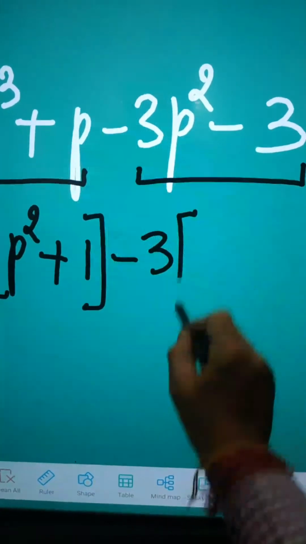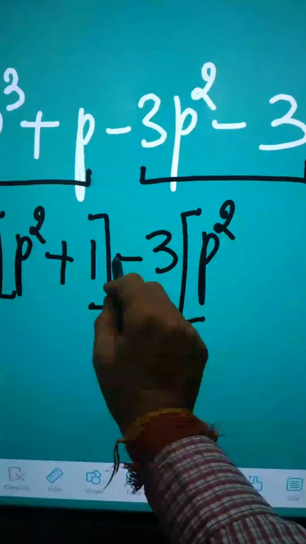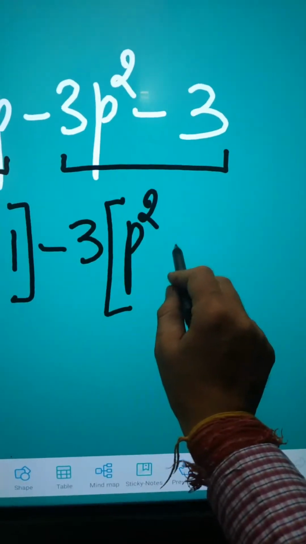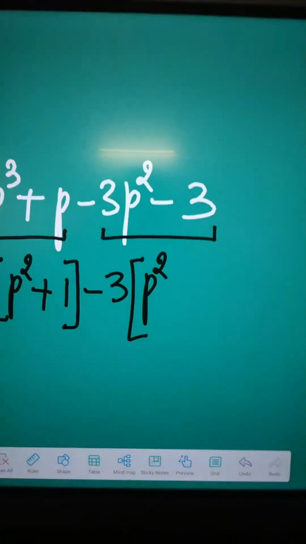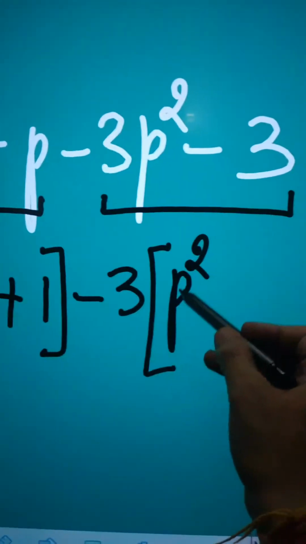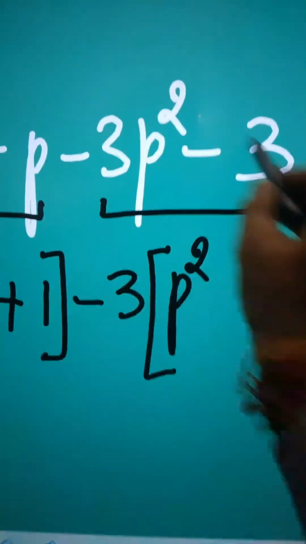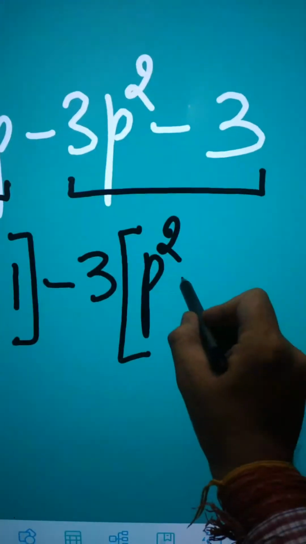Now in the bracket I will get p square. Now there is a minus sign here and this sign. How are these brackets coming? I have told you in part 1. So 3 bracket p square minus, you will divide this. Watch the first part again, you will understand how I am getting this.